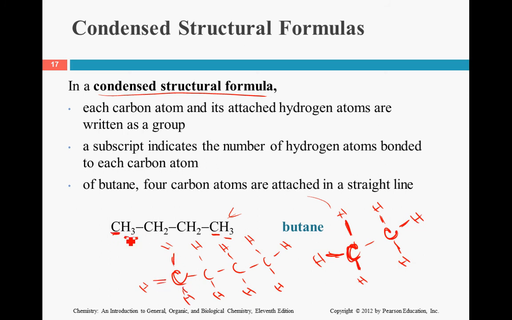The next carbon has 2 hydrogens, so we only talk about the hydrogen. Then the next carbon has 2 more hydrogens. And then the last carbon has 3 hydrogens. And that's how we get from the expanded version to the condensed version.